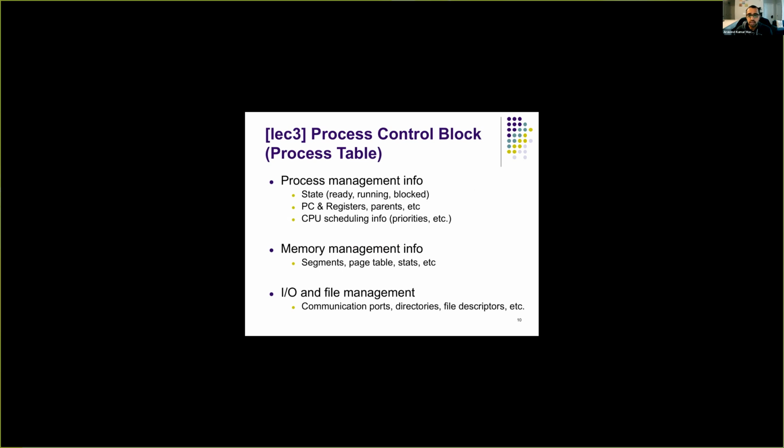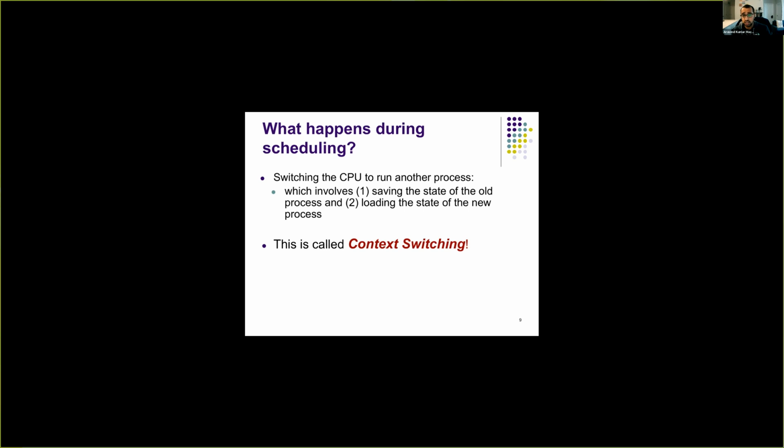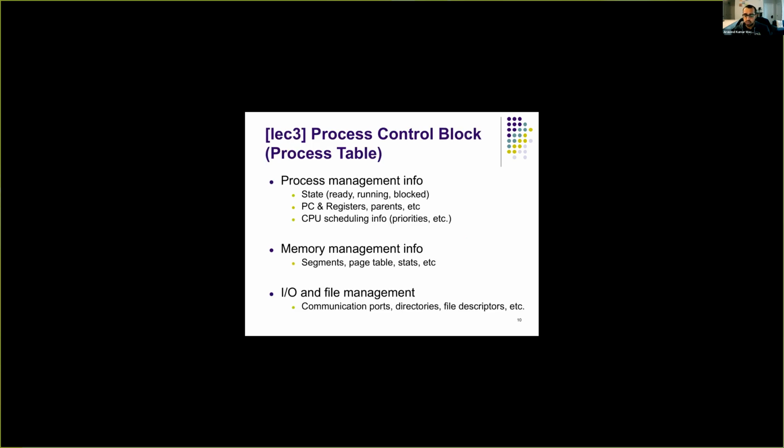Like I mentioned, it needs to save the state of the process, right? So what is the state of a process? As I mentioned in the previous lecture, the operating system maintains a process control block, PCB, that saves the entire state of the process. Specifically, the process control block has process management info, which contains various CPU registers and various other scheduling information.